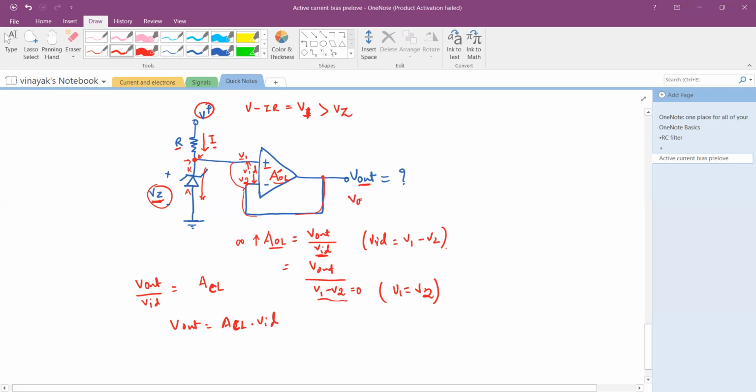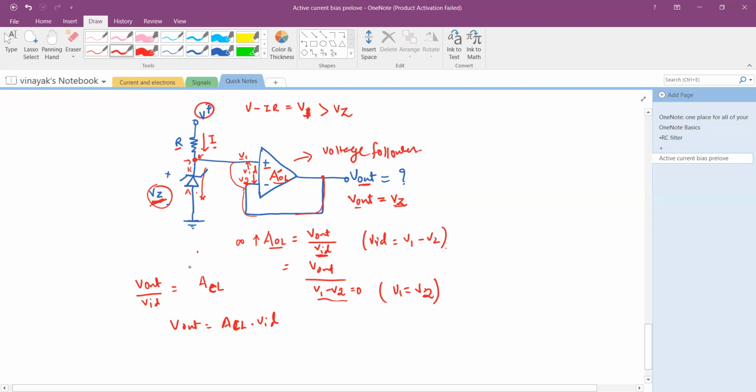So you say that V out is equal to Vz, and this circuit is called a voltage follower. Voltage follower means the output voltage is following the input voltage. Voltage output is Vz and input voltage is Vz, because the diode gets into conduction in the reverse bias. The voltage at the cathode is greater than Vz, the reverse breakdown voltage of the Zener. So that's how you actually see that.